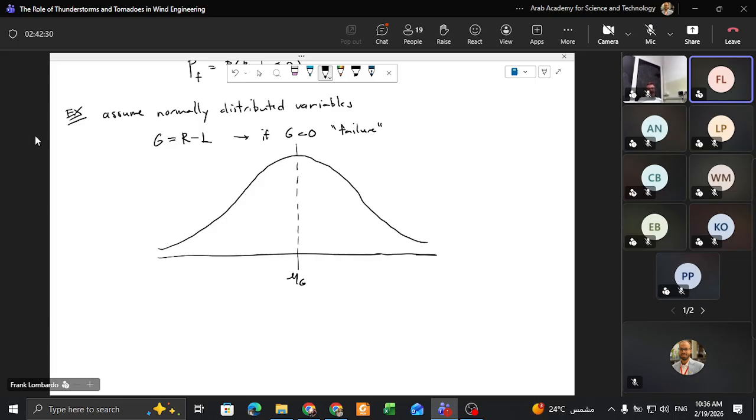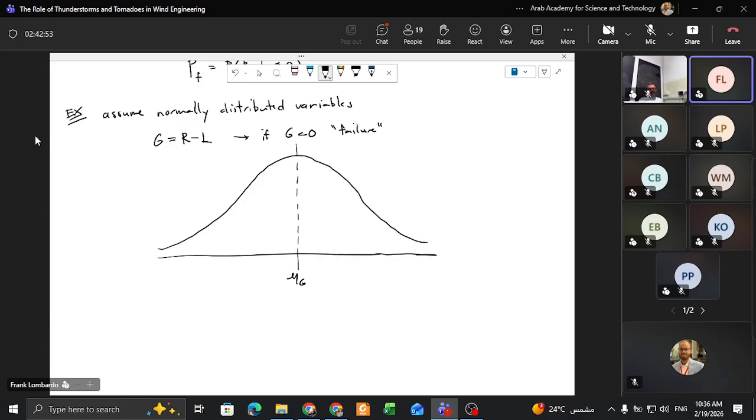What would you hope it to be? Would you expect the mean G value to be higher than zero or lower than zero?